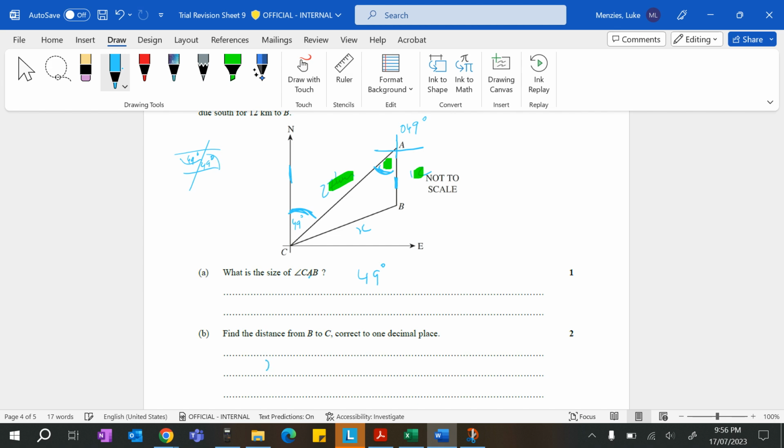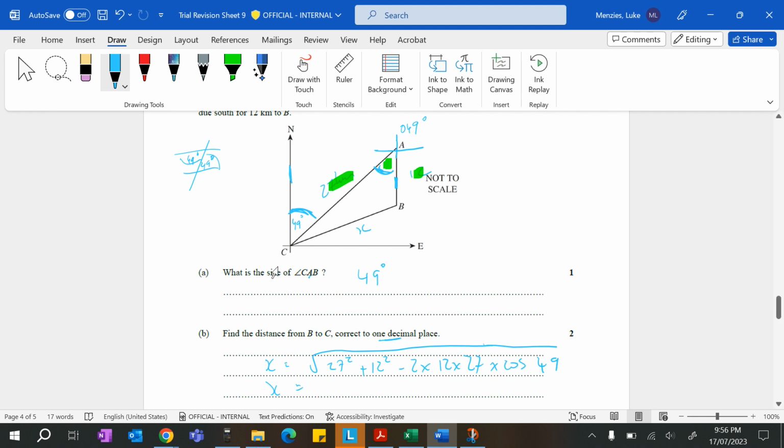So x is equal to the square root of 27 squared plus 12 squared minus 2 times 12 times 27 times cos of the angle that we have, which is 49. And don't forget to correct to one decimal place.